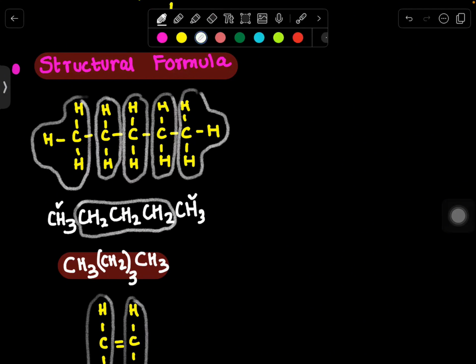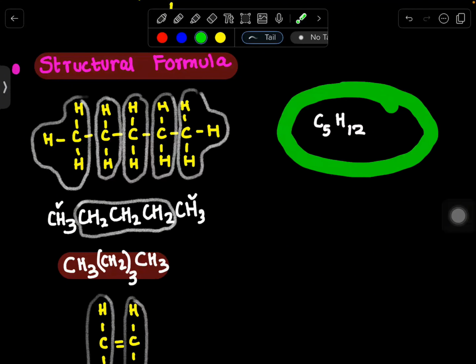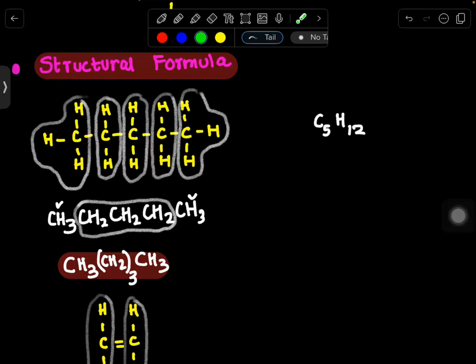That's right. You have carbons and you have hydrogens. Can you count and tell me how many carbons there are present here? 5. That is right. 5 carbons, 1, 2, 3, 4, 5. And how many hydrogens? 12. That is correct. So this would be the molecular formula of this compound.